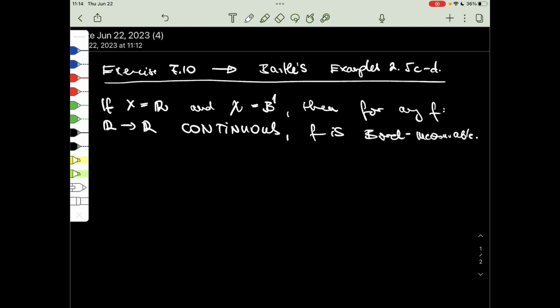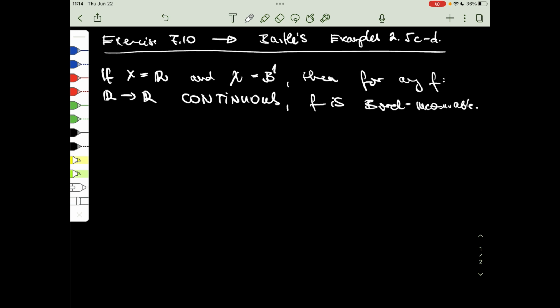measurable. Here the only thing we need to do is to go back to the formal definition of measurable functions. Let's take this set, those numbers for which this inequality holds for the function. So this is the inverse image of the set.